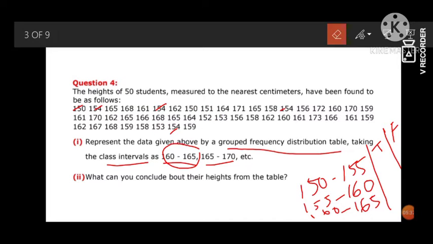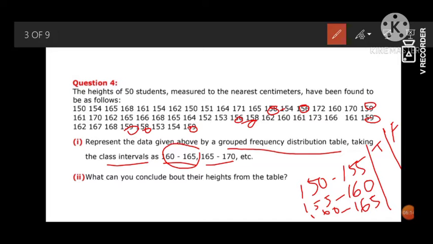So first we will erase this. Starting from 155, we will have 1, 2, 3, 4, 5, 6, 7, 8, 9.